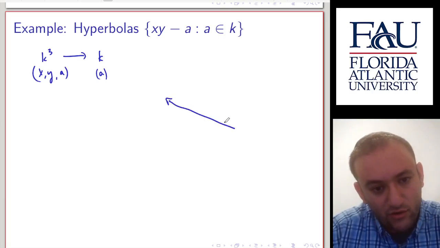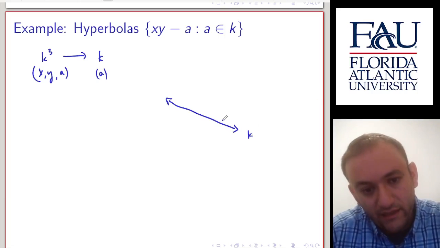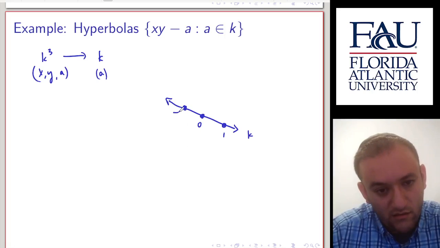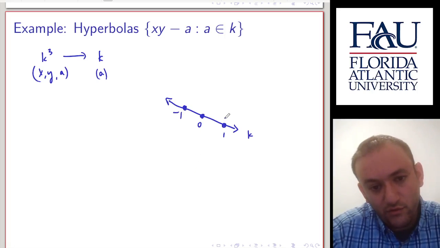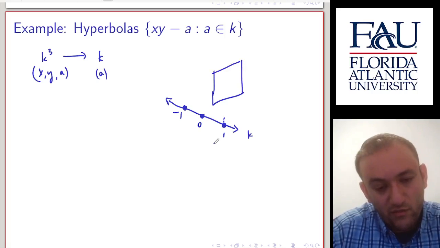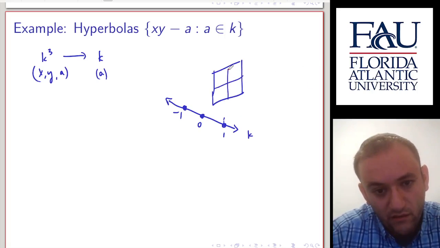Well, let's draw the one-dimensional k, and let's consider what happens at various points. Pardon the sloppy cartoon. Sitting above the point 1, we have the following hyperbola, xy equals 1.